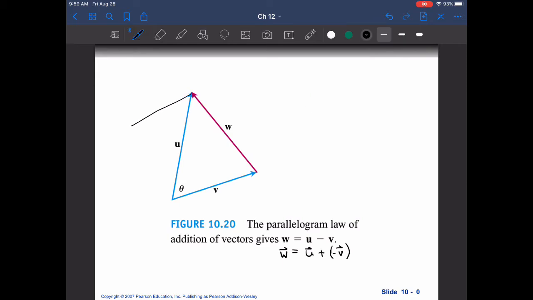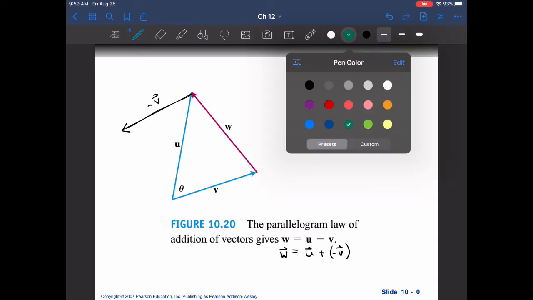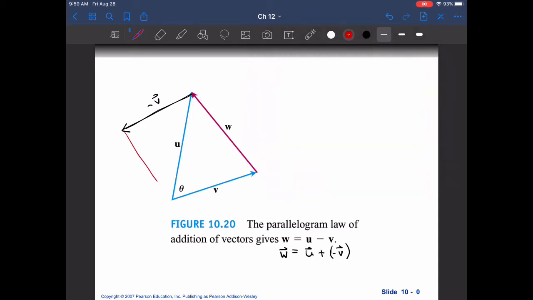If I draw in negative v like this, I get that same vector w going in the same direction. So I prefer that, but if you like this parallelogram law, you're welcome to use it, although I didn't draw my v vector quite parallel or quite the right length, but it's good enough to see the idea.